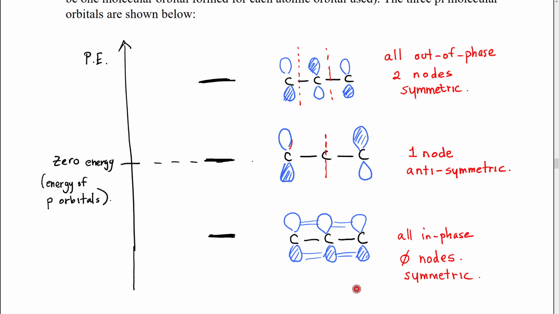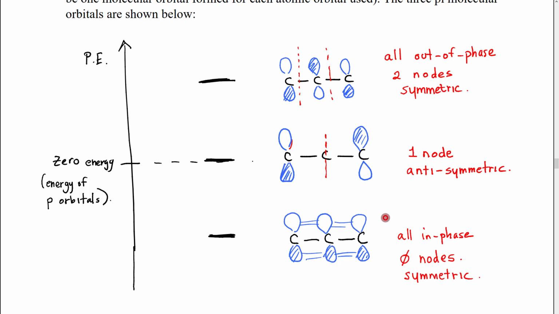The other rule, which we haven't talked about, is that in these pi systems, they have to have a certain symmetry to them. The two ends have to basically be similar. The only thing that can be different is the colors, or in other words, the signs of the orbitals. So we can either be symmetric, where the two ends end up being identical signs, so we have a positive sign here and also a positive sign there.